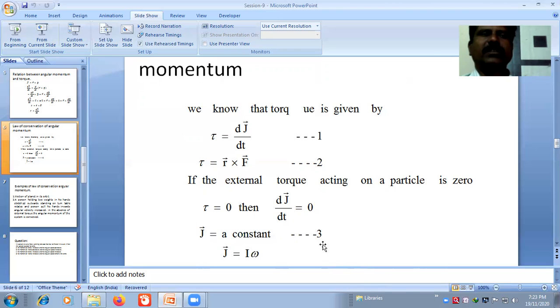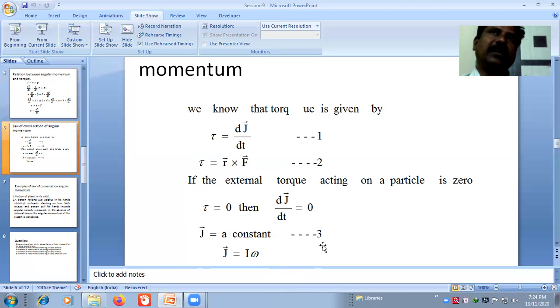In the absence of any external torque acting on a system of particles, the angular momentum of that system of particles is conserved.